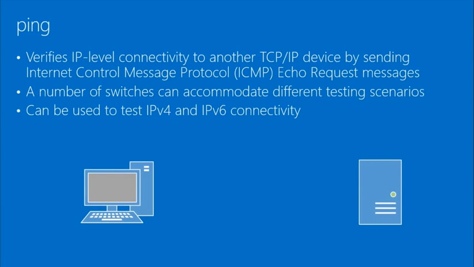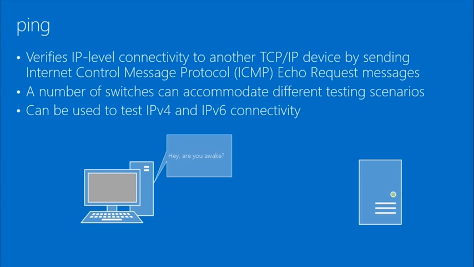Ping. Ping is a very low-level method of verifying connectivity. You verify connectivity with an ICMP echo request message. If we look at the graphic here, thanks to Christopher for these amazing graphics.